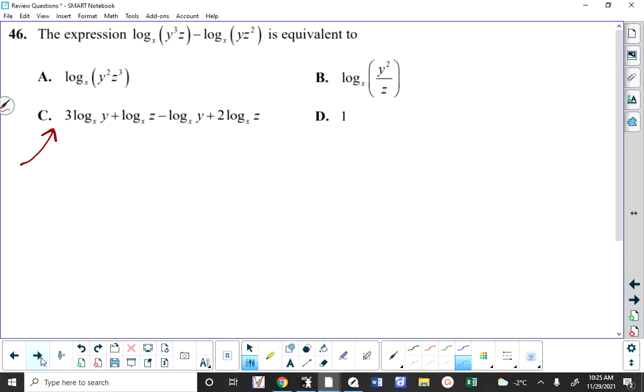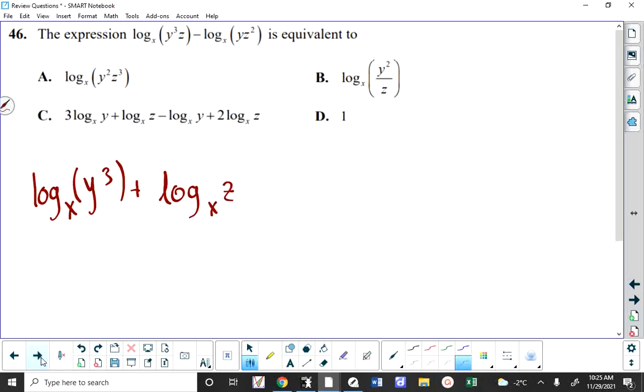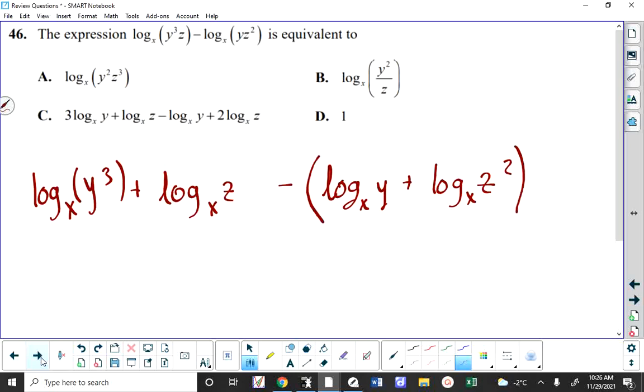So maybe this is how we're getting our answer. The first logarithm would be log base x of y cubed plus log base x of z. The second is log base x of y plus log base x of z squared. Of course, you'd better put a set of brackets around that.